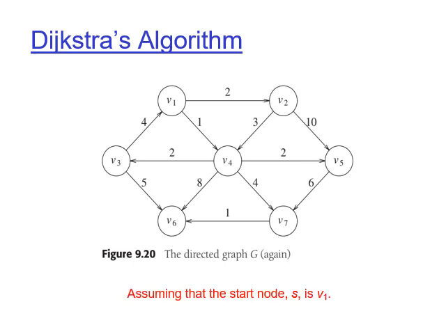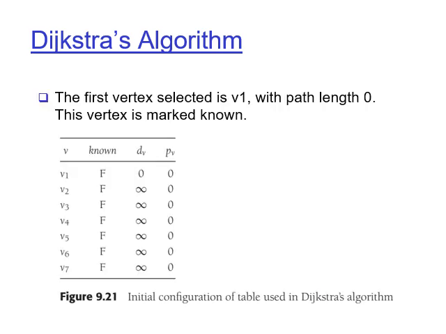Now let's assume that we want to start with V1. So V1 is our source node. In this example, we are interested in calculating the shortest path weights from V1 to the rest of the nodes. So let's start. First of all, our initial configuration of the table used in Dijkstra's algorithm.